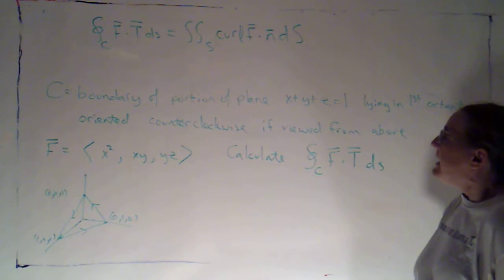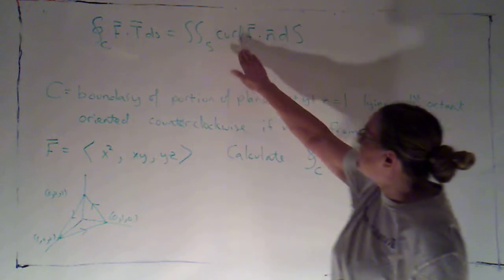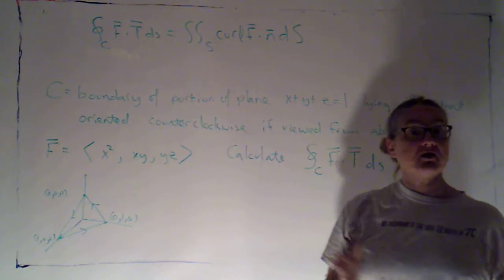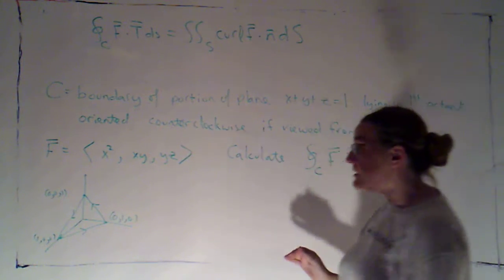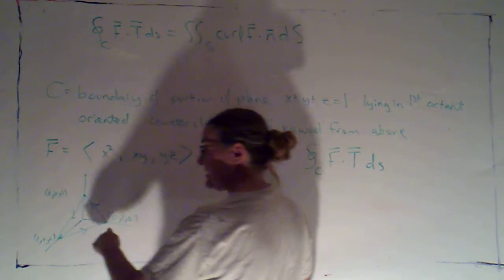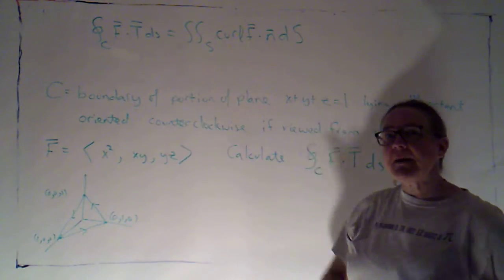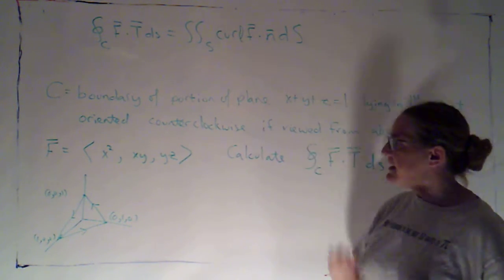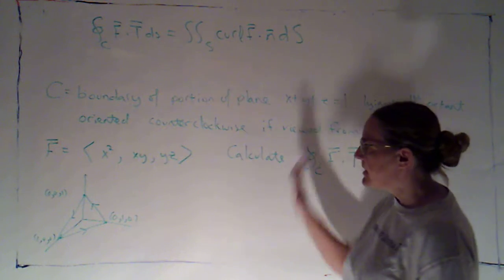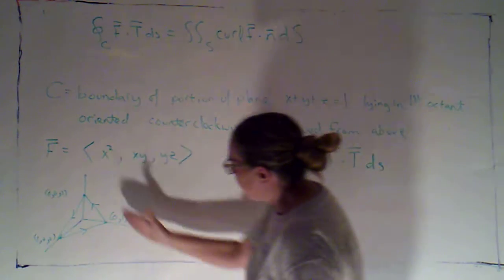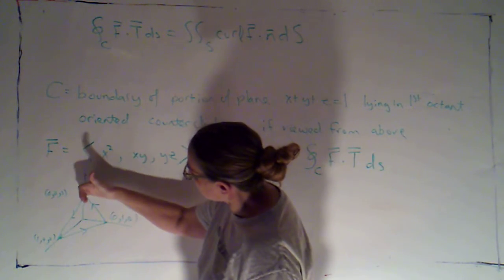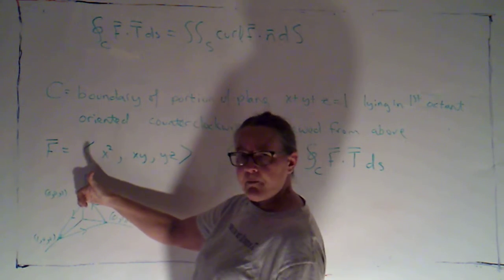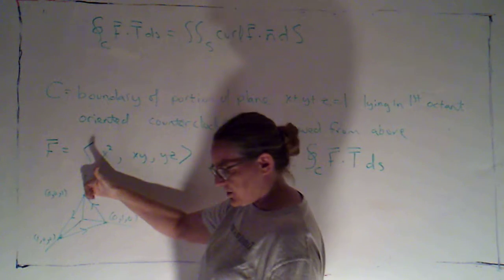Okay. Now, if I'm going to do that, I'm going to need to calculate what the curl is, and I'm going to have to figure out what the orientation of the surface is. I know how the curve is oriented. I want that to be positive with respect to the portion of the plane. So I'm going to take my right hand and say, if I were going around like so, that sort of gives me an upward direction for my thumb.